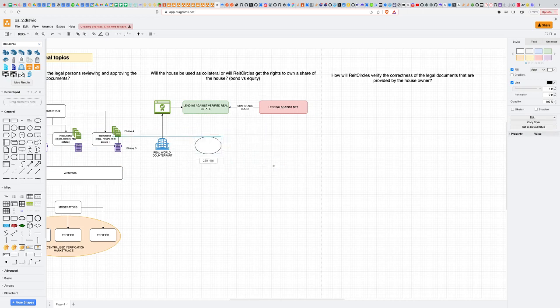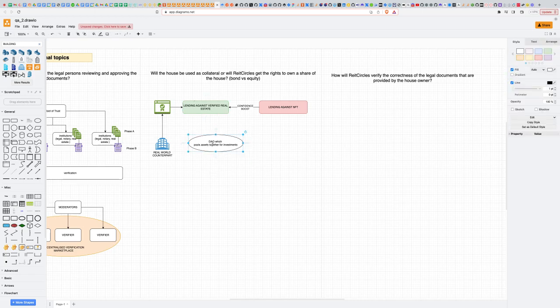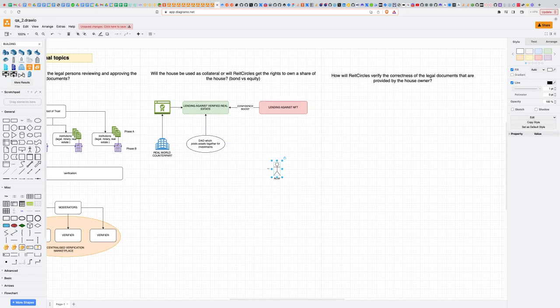The moment the DAO is created, people can invest via the DAO, which pools assets together for investments. Against this pool of assets, you are doing the lending. The assets built up inside the DAO can be used for lending purposes, and the interest charged to the user who is taking the loan will filter out to the DAO, and the DAO can distribute it to all the other members who are part of the DAO.